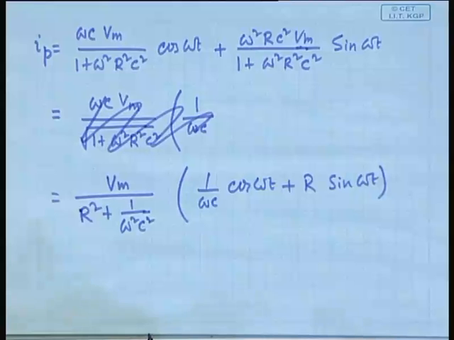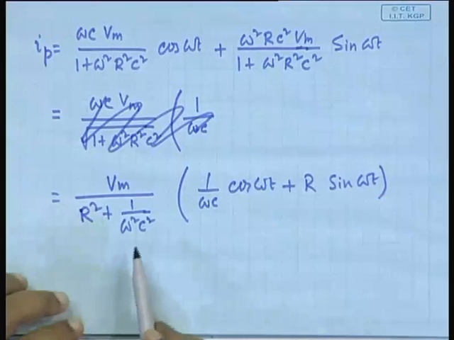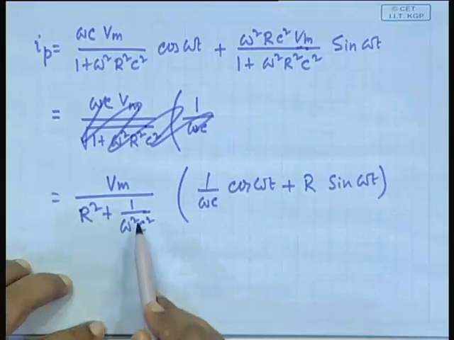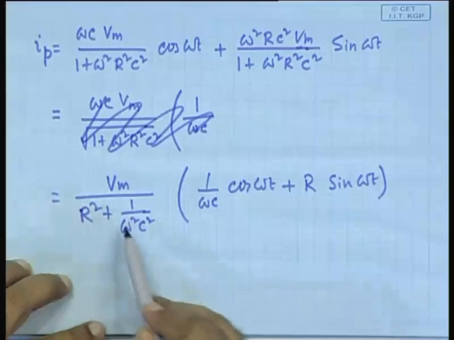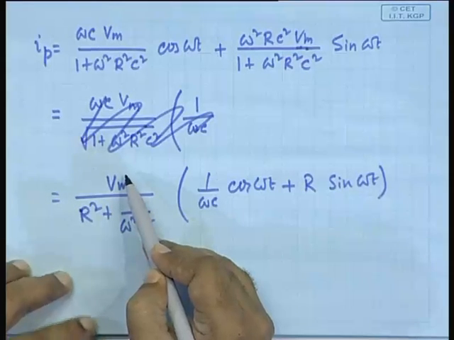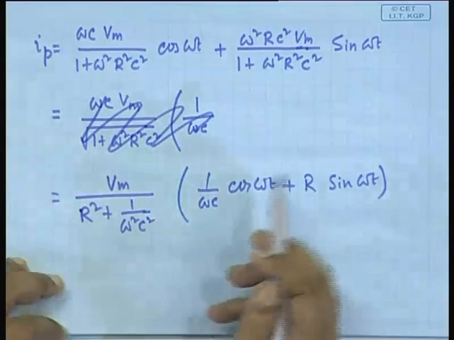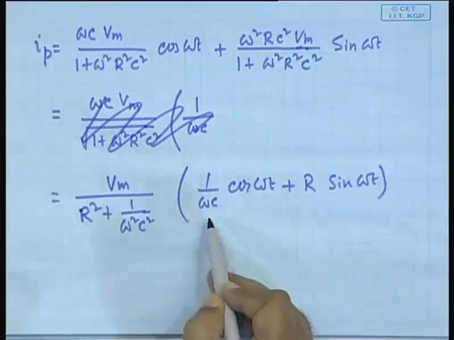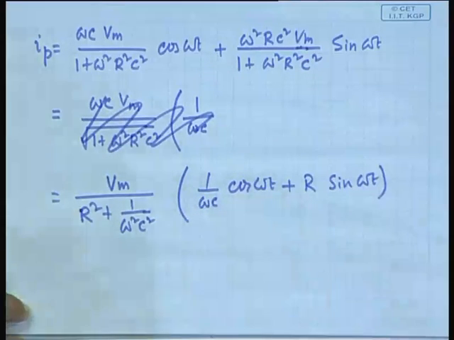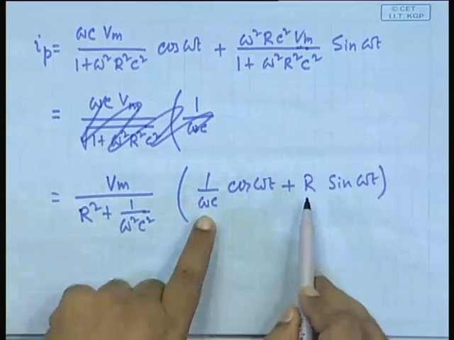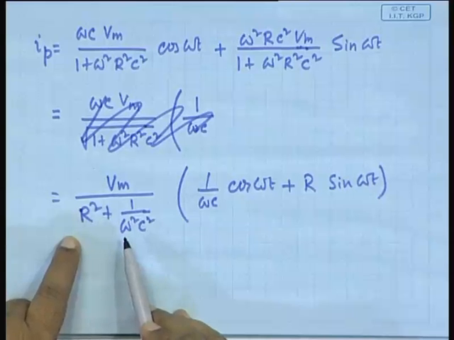Check. Here is 1 plus omega square c square, omega square c square goes above. So, that is what we have taken common. The advantage is that whatever appears here also appears here. That is what we wanted.